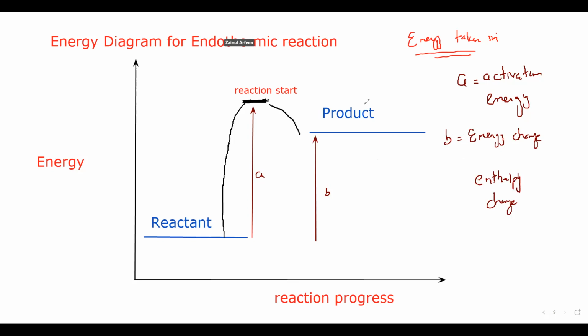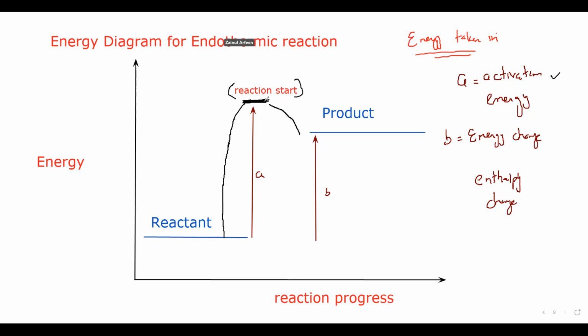What happened in an endothermic reaction? Reactants have low energy, product is having high energy. First, what happened during a reaction? Reactant absorbs energy because it's an endothermic reaction. Once the reactant absorbs energy, there will be a point where the reaction starts. So the energy from reactant to the start of the reaction is called activation energy.